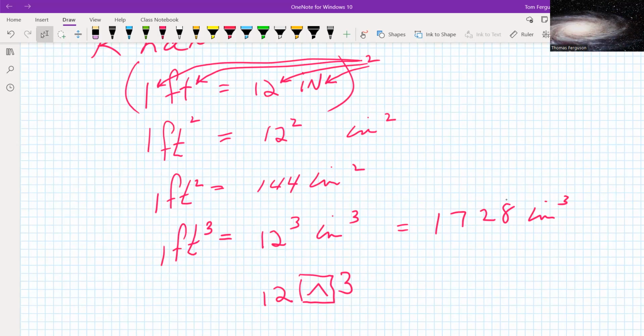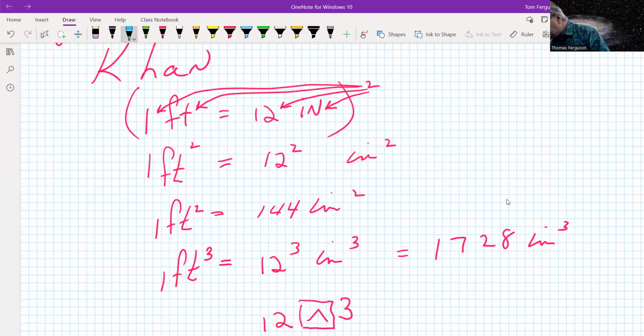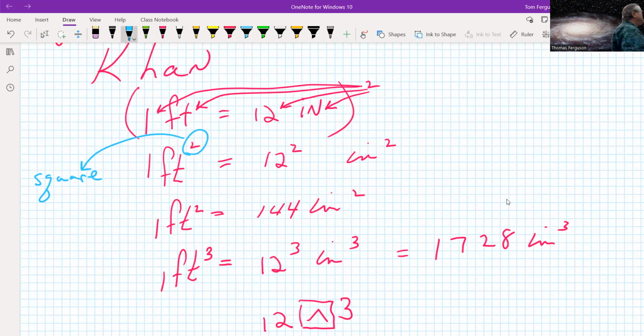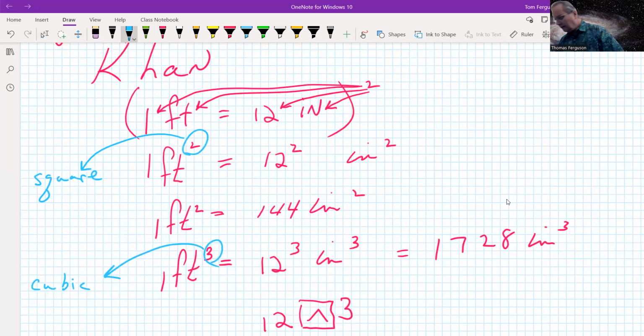Now, whenever we get into square units, like square feet, square meters, or cubic feet, cubic meters, cubic yards, we have to treat the conversion factors a little differently. So by definition, when you see that, it is square feet. Cubic feet.